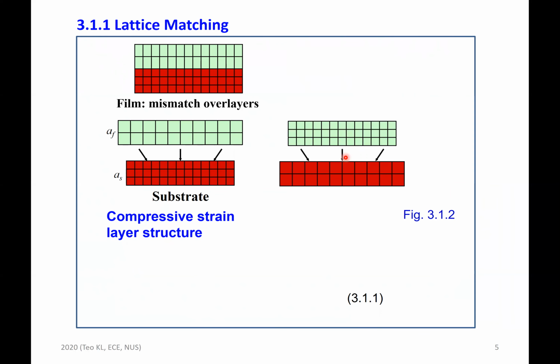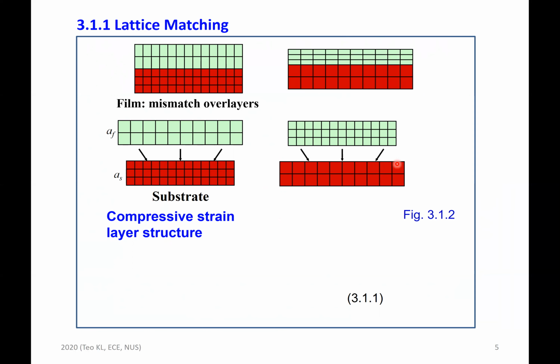Or you can deposit a film with a lattice constant smaller than the lattice constant of the substrate. Then what you expect is the film itself will stretch laterally to match the lattice constant of the substrate.